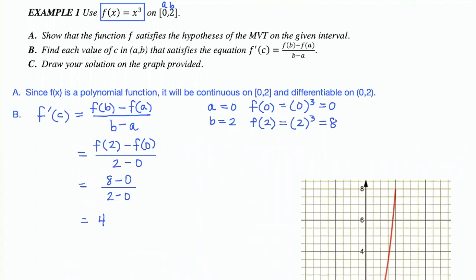Now we're ready to start working on the left-hand side. If I want the derivative at point C, I would begin first by taking the derivative of my original function. So if my f of x equals x cubed and I take its derivative using the power rule, I would get 3x squared.